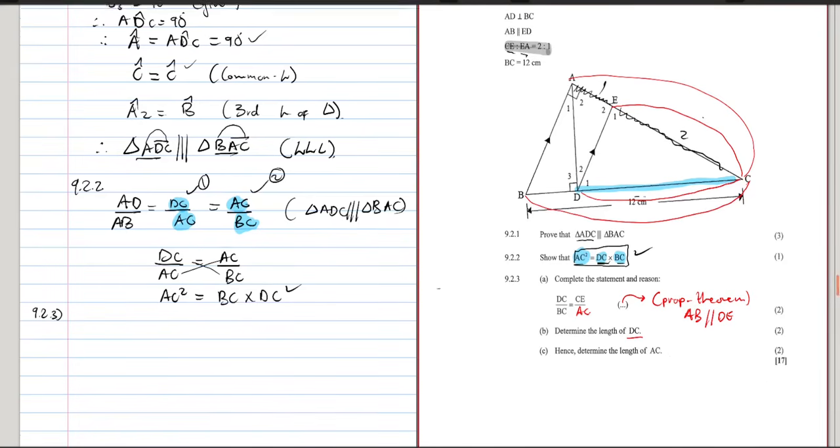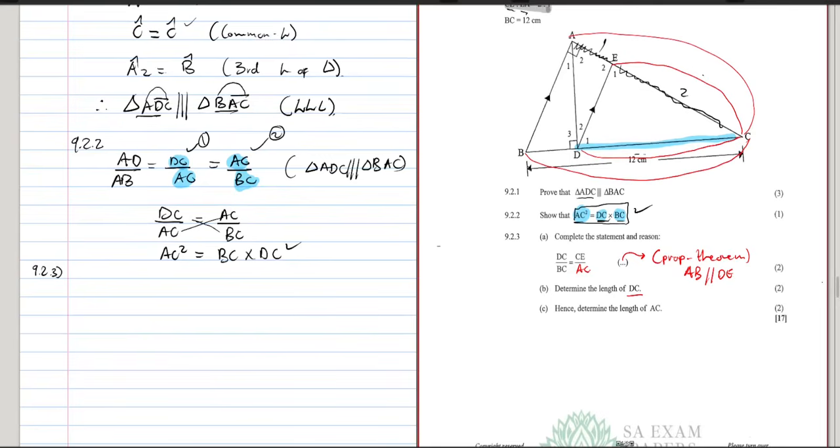So therefore, for B, I've answered A on that question paper, it's DC over BC equals CE over AC. We're definitely going to have to use that formula. We have no choice.